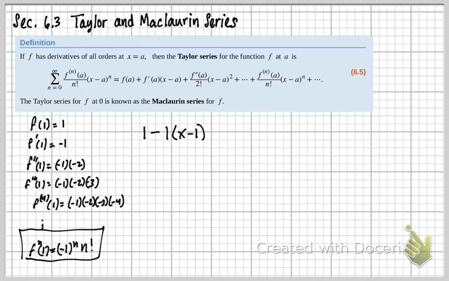Okay, then the next one, let me write it a little smaller because I'm going to have to put a lot in here. The next one's going to be a plus, and that's going to be 1 times 2. So I'm just going to put in here negative 1 times negative 2 over 2 factorial times x minus 1 squared. There's the second one.